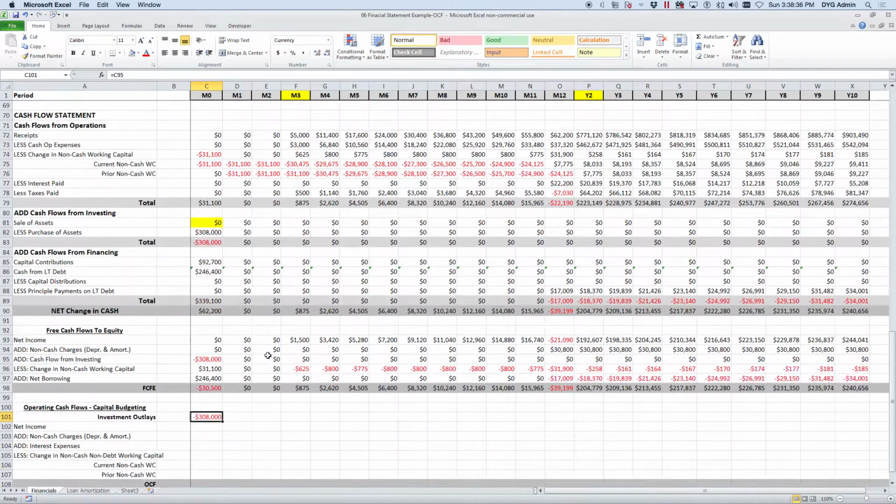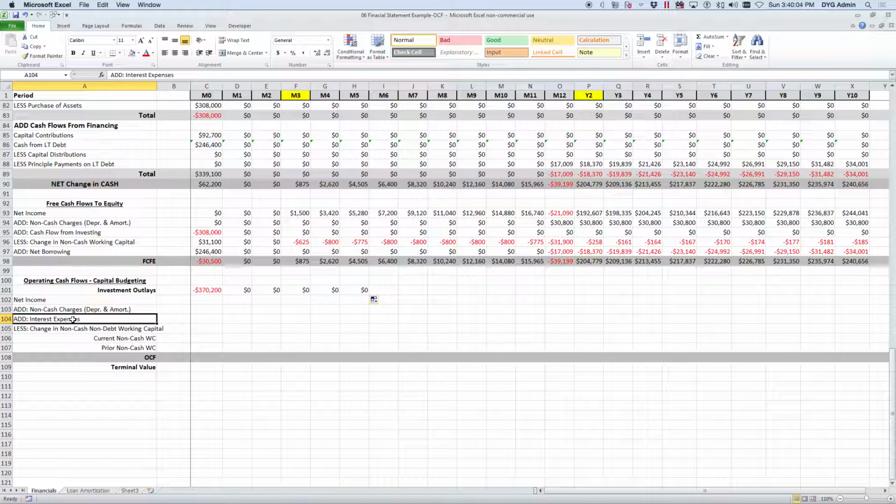Okay. Then in terms of net income, or in terms of operating cash flows, what we want is the net income up top, and we want to add back both non-cash charges and interest expenses. Non-cash charges, the same reason as we did with free cash flows. It's not really cash going out as an expense. We want to put it back in. In this case, we're adding back the interest expenses because for capital budgeting purposes, you're not making any assumptions that you've borrowed money.